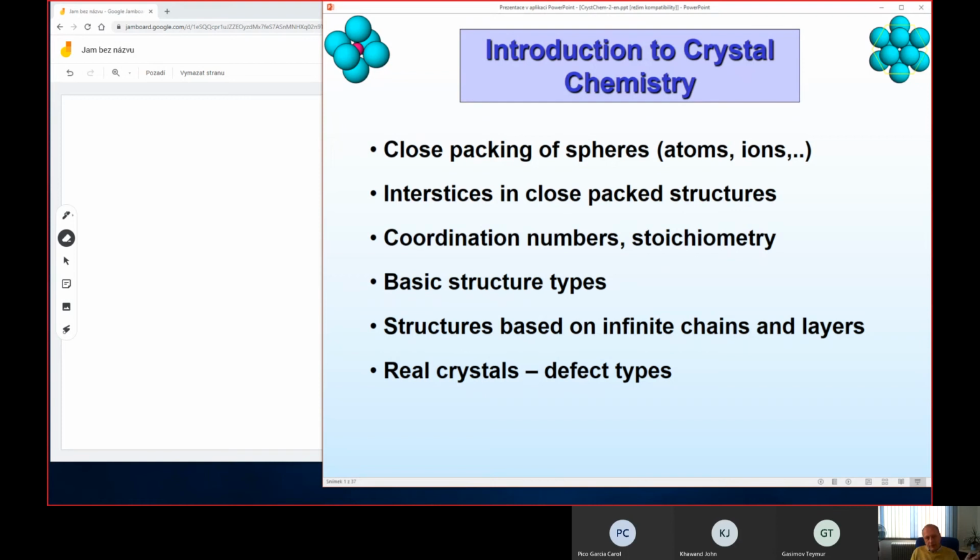And then we'll go through the different basic structure types derived on the so-called hexagonal and cubic close packing. But not all structures can be interpreted in terms of this concept of close packing.